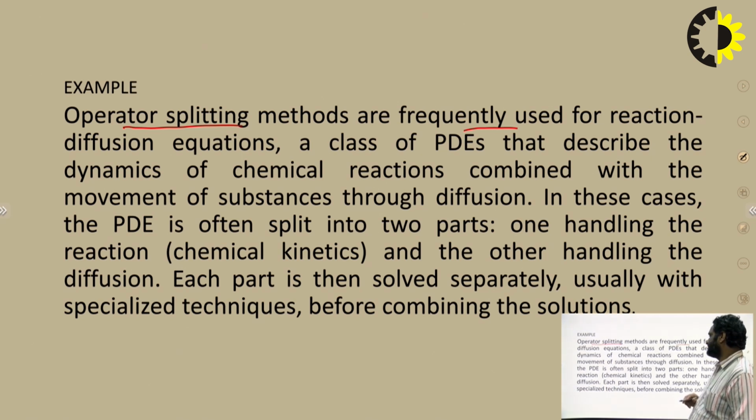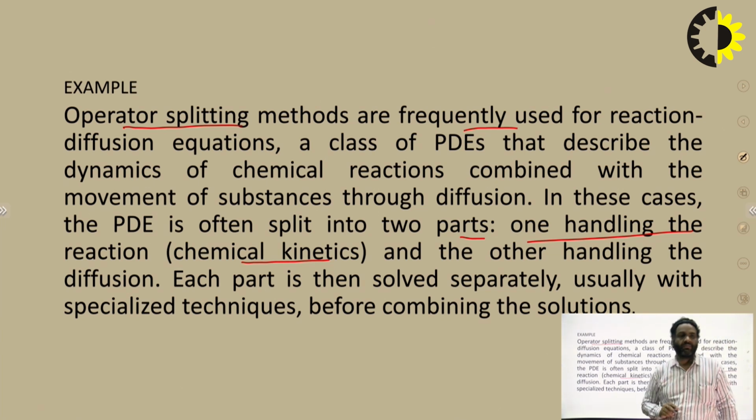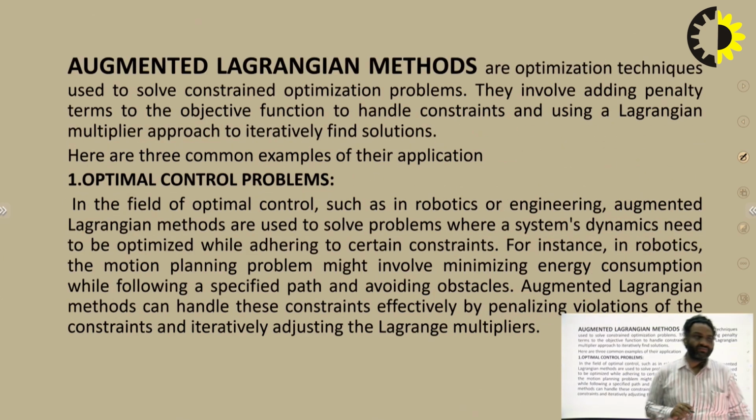In these cases, the PDE is often split into two parts, one handling the reaction, or chemical kinetics, and the other handling the diffusion. So this is a very common example of the operator splitting method. Each part is then solved separately, usually with specialized techniques, before combining the solutions. We have to list this one.